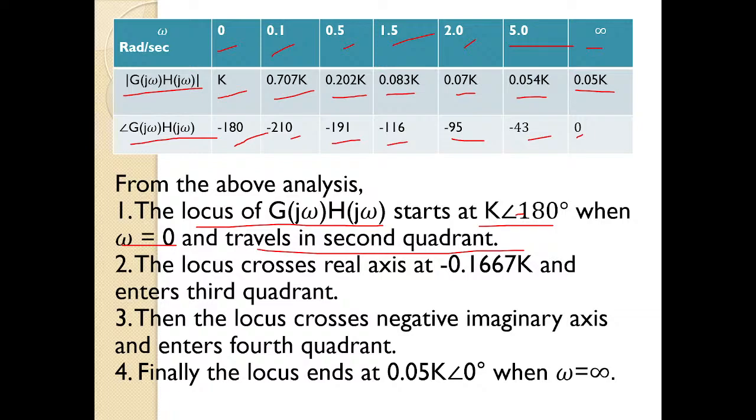The locus crosses the real axis at the point minus 0.167 K. So even though the plot starts in the second quadrant, when it crosses this real axis point, the locus will enter the third quadrant.